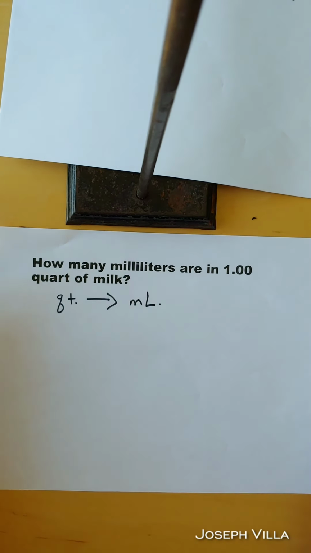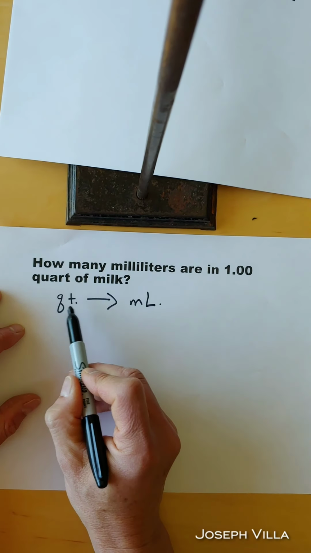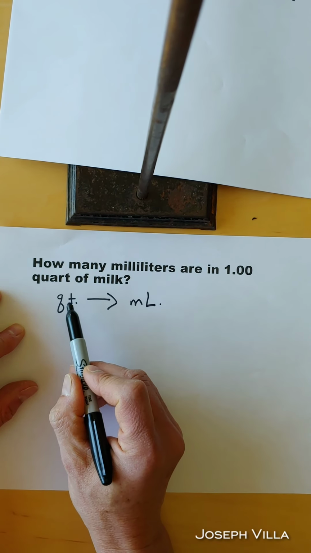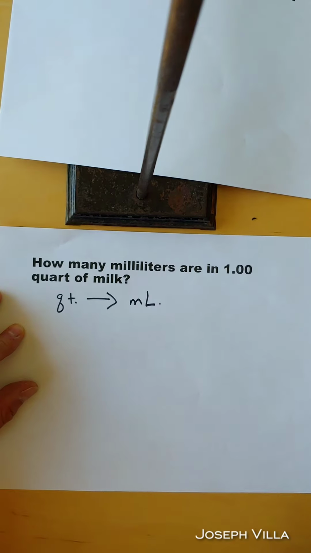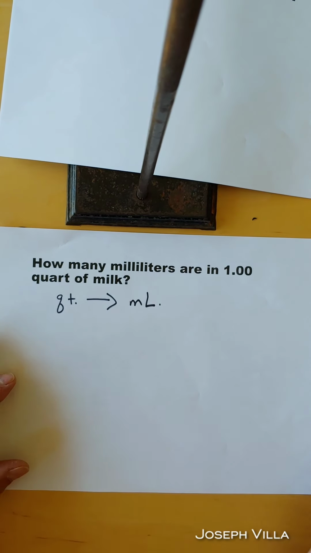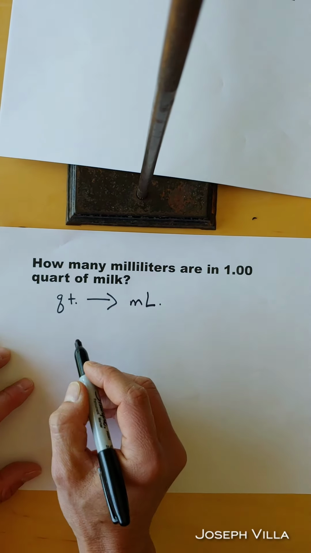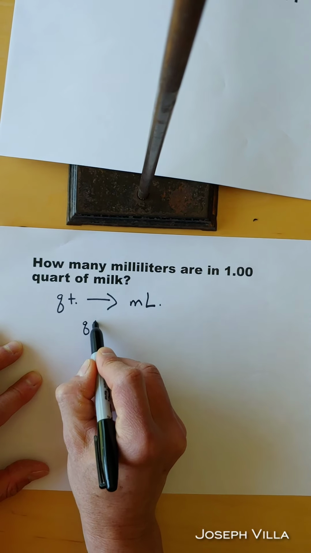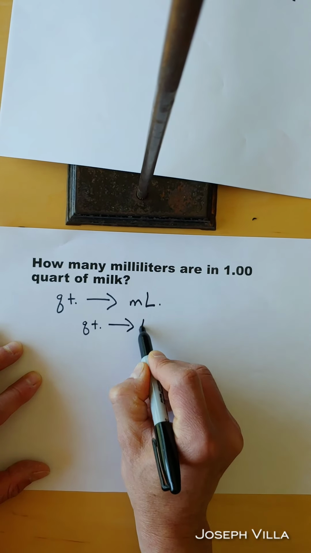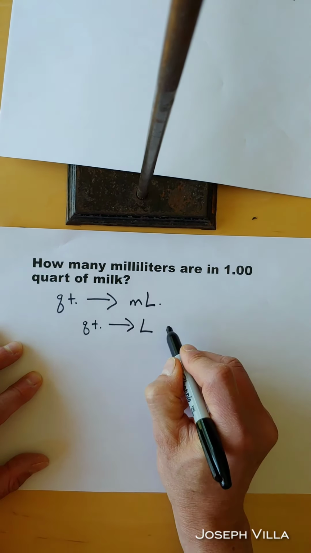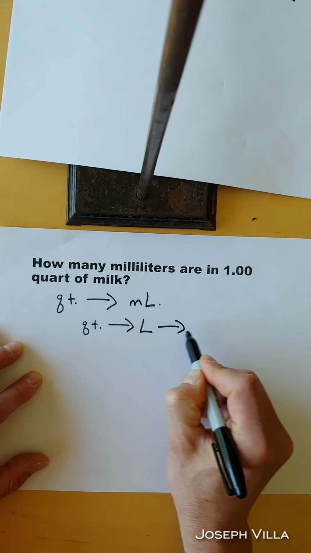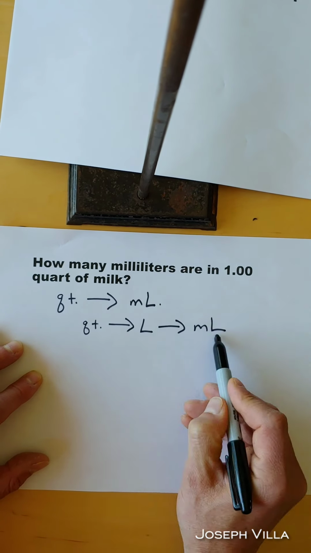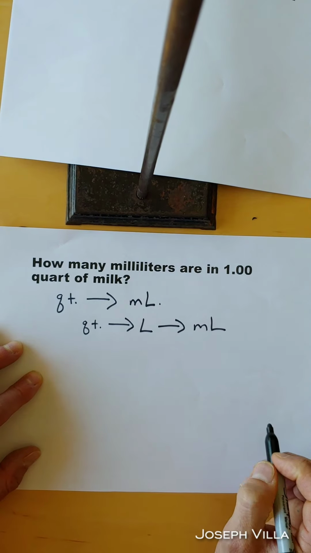If I look at my chart, I don't have a conversion factor that goes directly from quarts to milliliters, so I'm going to have to adjust that a little bit. I can convert quarts into liters, and then I'm able to convert liters into milliliters, because that's metric and I have the prefixes.